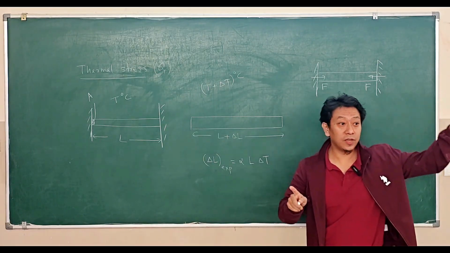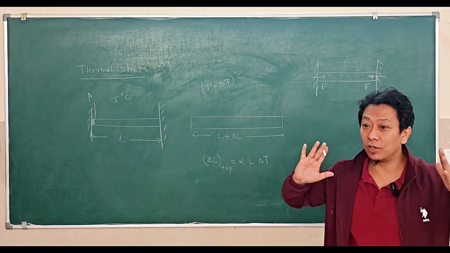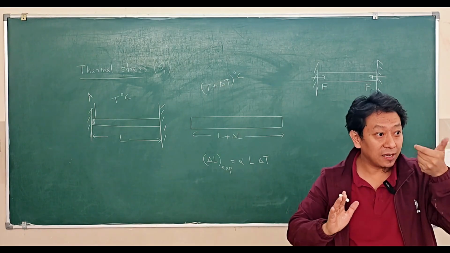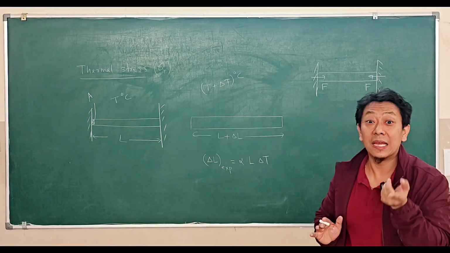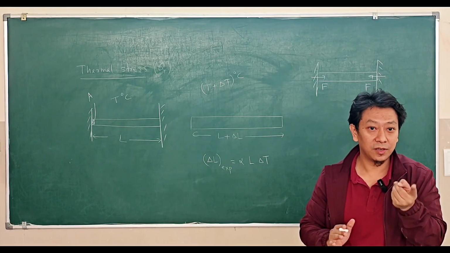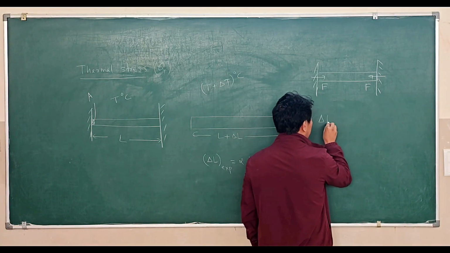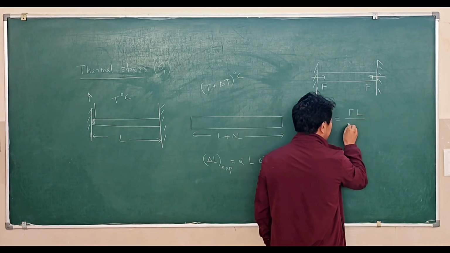But in our previous chapters, we studied in the solids chapter that forces can also increase the length or decrease the length. That increase or decrease in length, delta L, is found from where? Young's modulus formula, not this formula. So there, what was delta L, if you remember? FL by YA, I think.